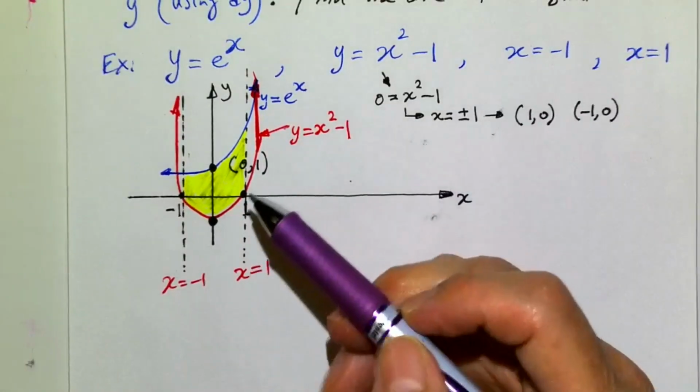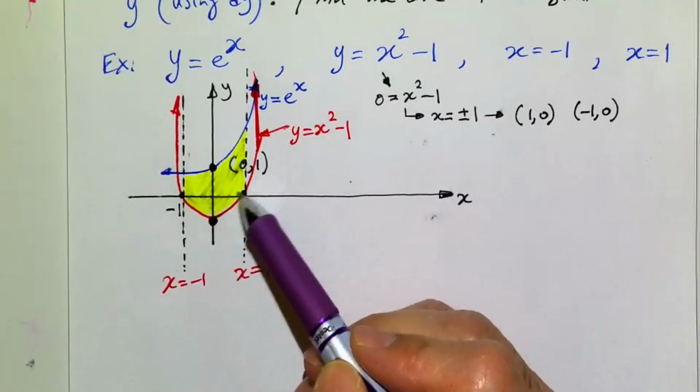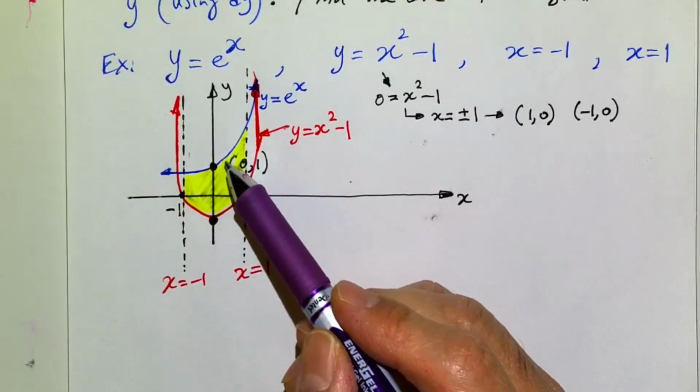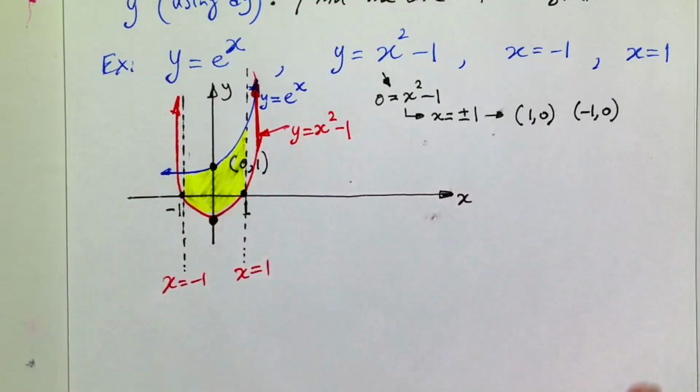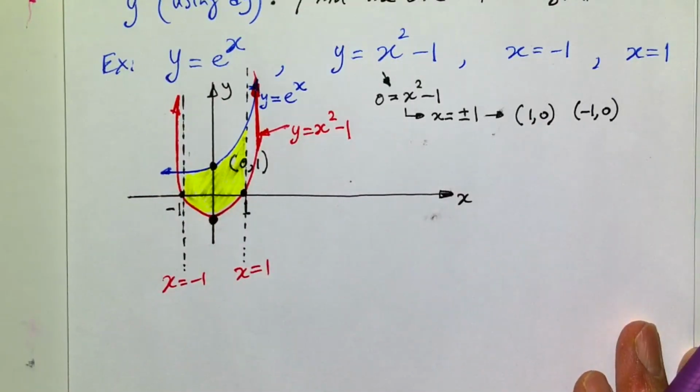So it's clear what the limits of integration should be, what the top function is, and what the bottom function is, and we're integrating along the x-axis. So let's do that.